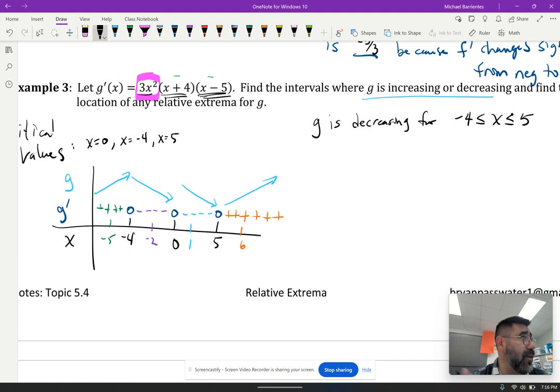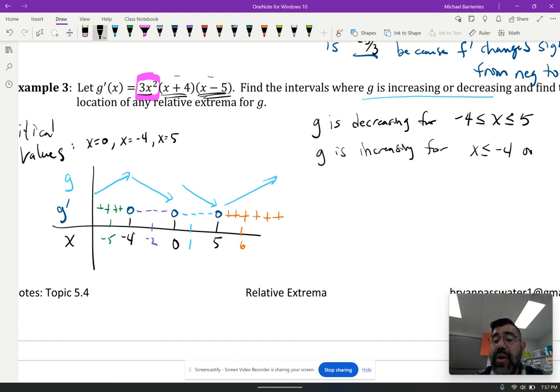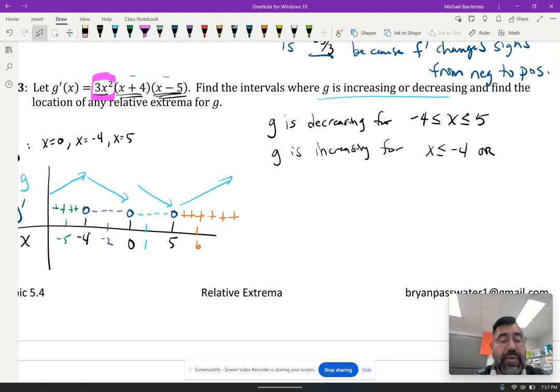It's going down, so we include everything. And g is increasing for x's less than or equal to -4, or x's greater than or equal to 5.